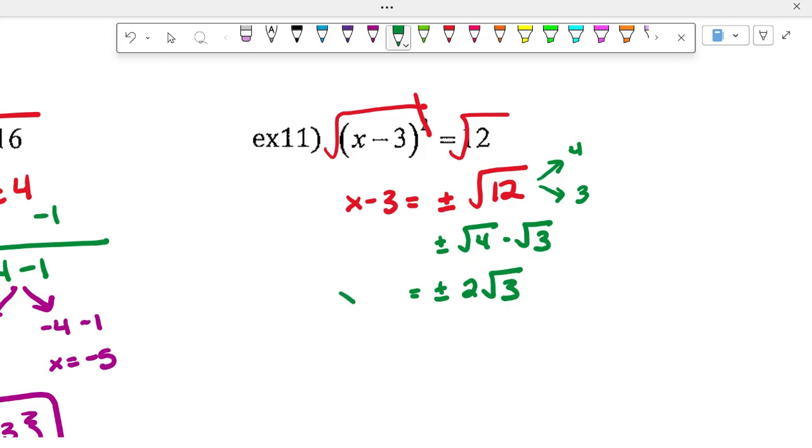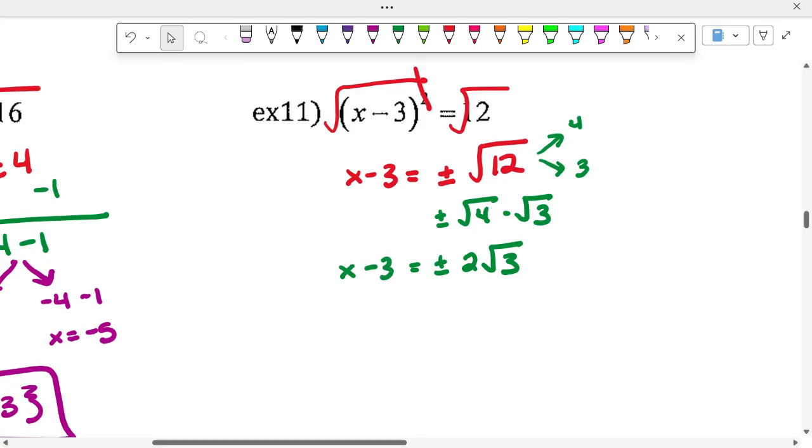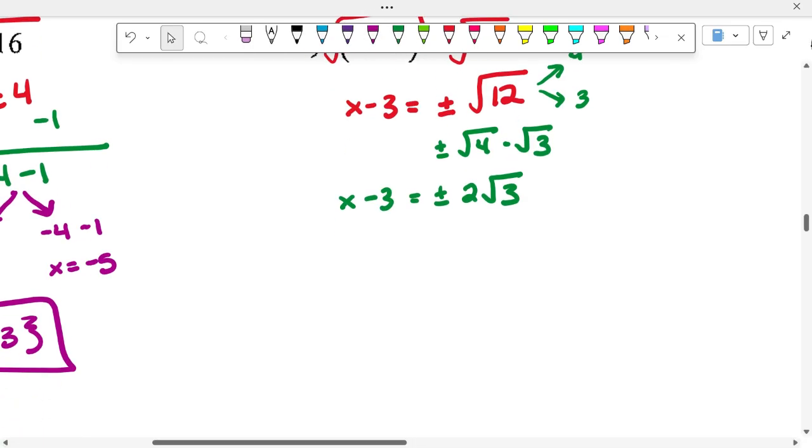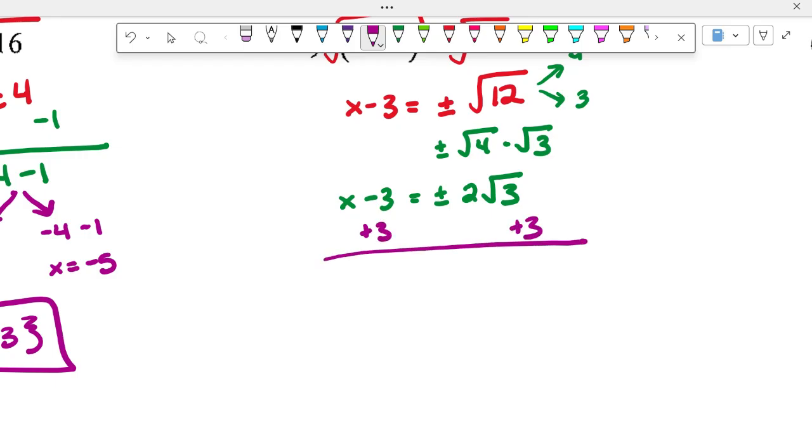And it's equal to x minus 3. Now, what do I do next? Add 3 to both sides. So this would be x is equal to plus or minus 2 square root 3 plus 3.